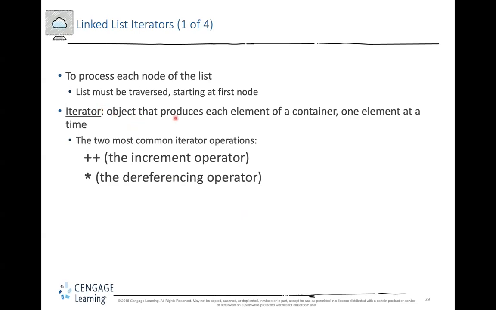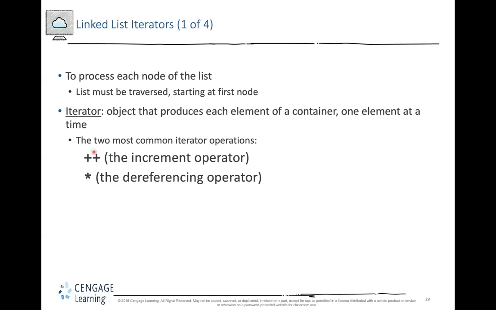It's an object that produces each element of a container, one element at a time. There are two common operations you can do with the iterator: to increment, basically to move on to the next node, and then also to retrieve the value pointed to by the iterator, the current value, that's dereferencing.